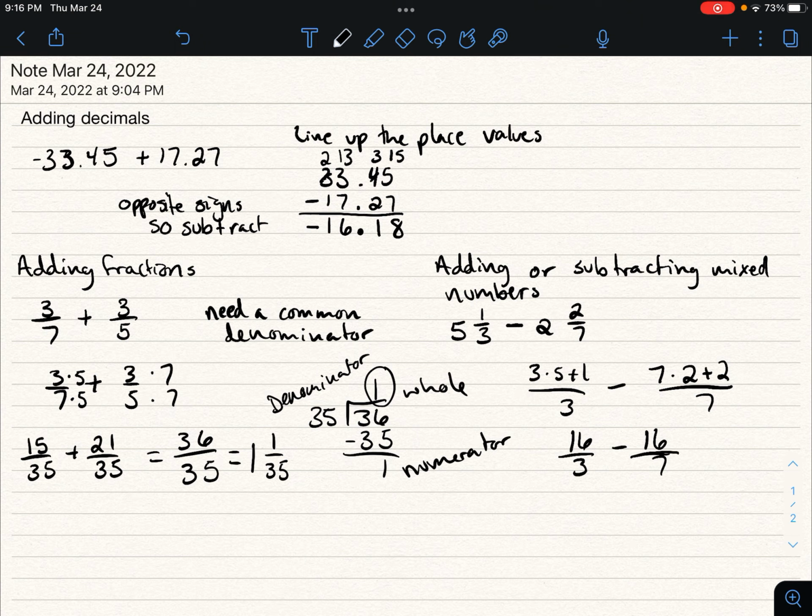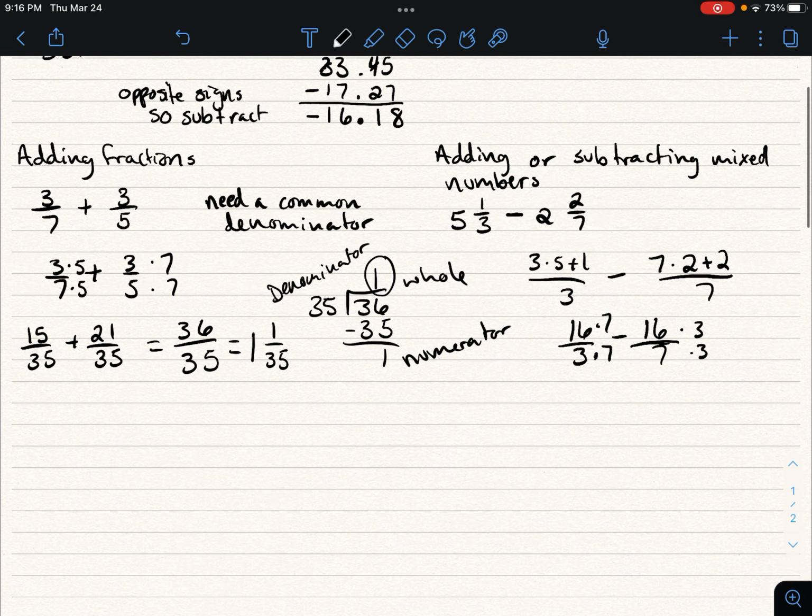Okay, we need to have a common denominator, so 3 and 7 are both prime, so we're going to multiply them by each other. So this one, you multiply by 7. This one over here, you're going to multiply by 3. So 7 times 16 is 70 plus 7 times 6, which is 42.